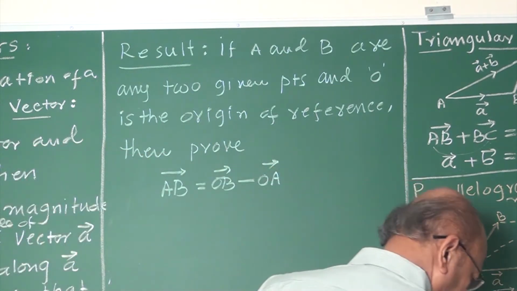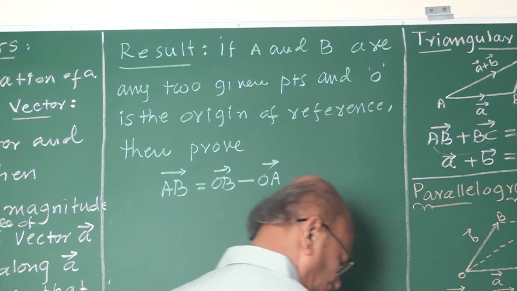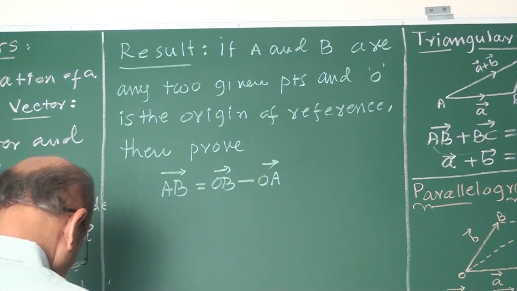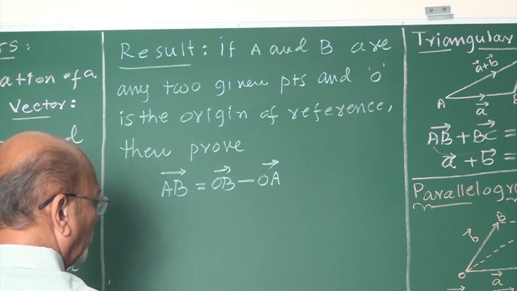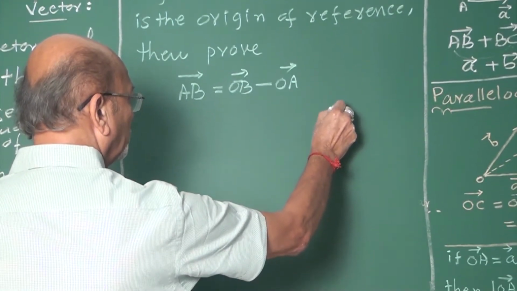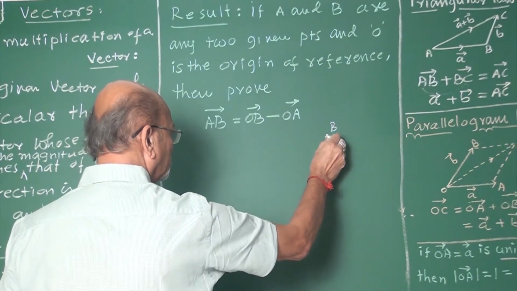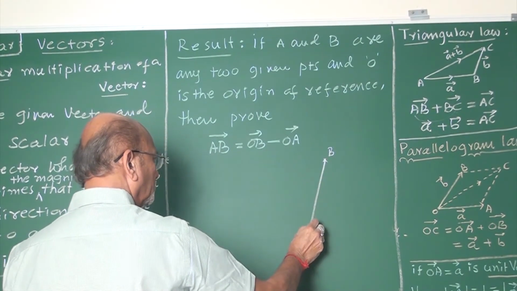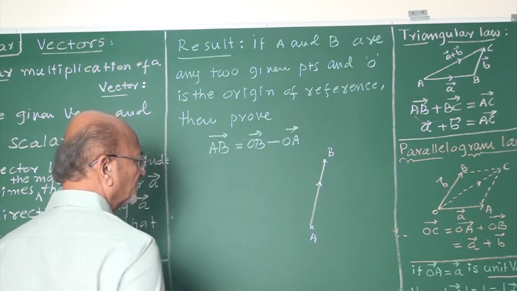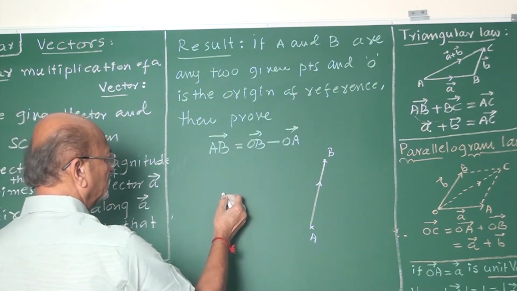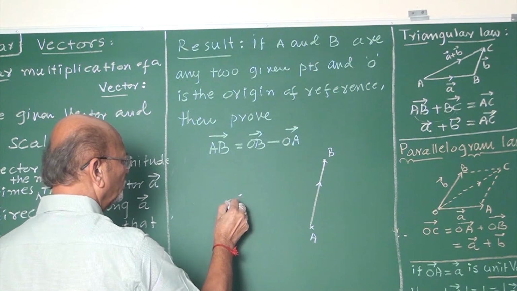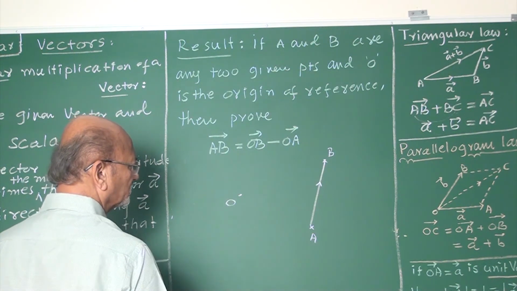A and B are the two given points. This is the one point A, this is the other point B, the second point. This is vector AB, the direction is from A to B. O is the origin of reference, you can take it anywhere.